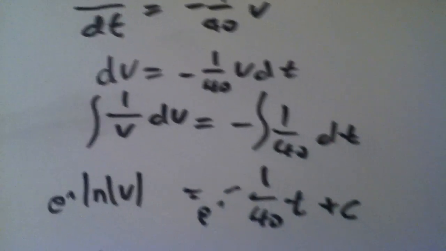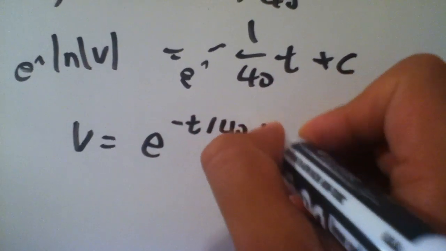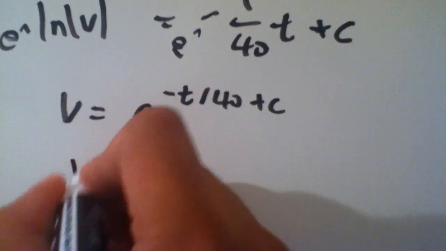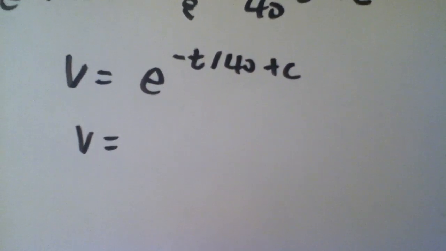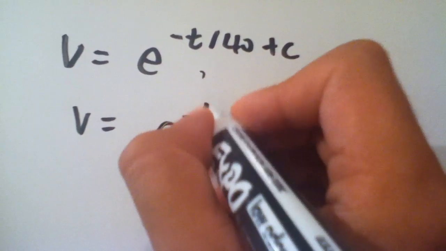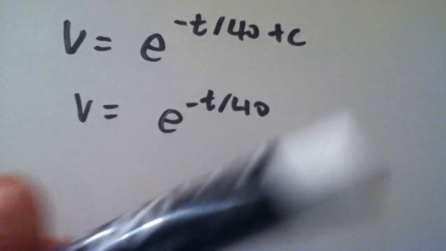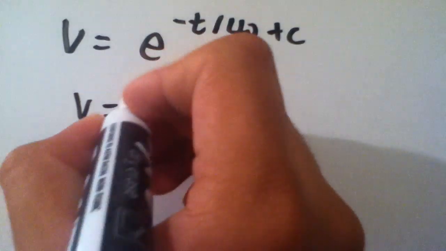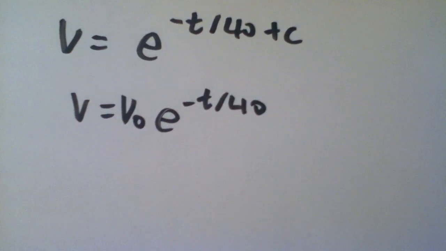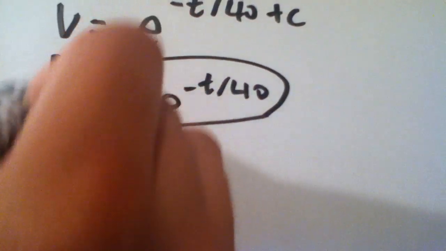So V equals e to the negative t over 40 plus C, and this plus C can be taken to the front and multiplied, and it'll still be the same thing. You can also jump another step and say that this constant is actually the initial value of the voltage. So there you have it, that's the equation for the voltage, looking very similar to this.